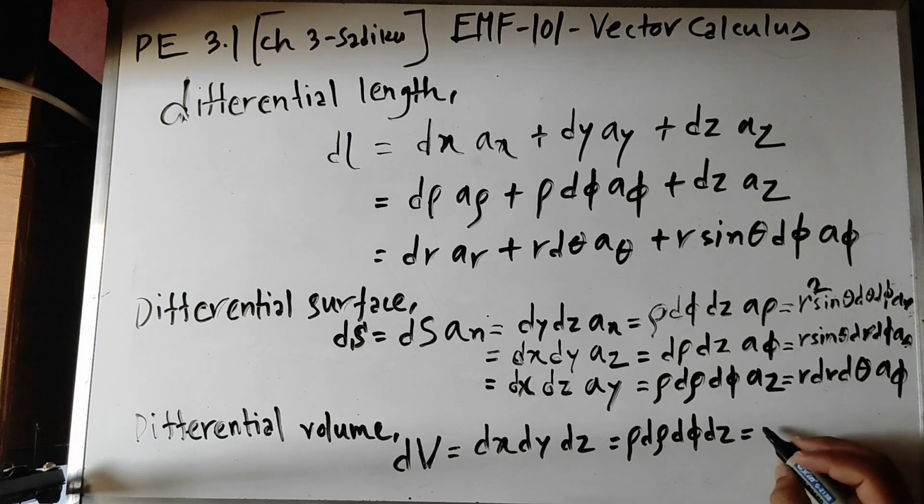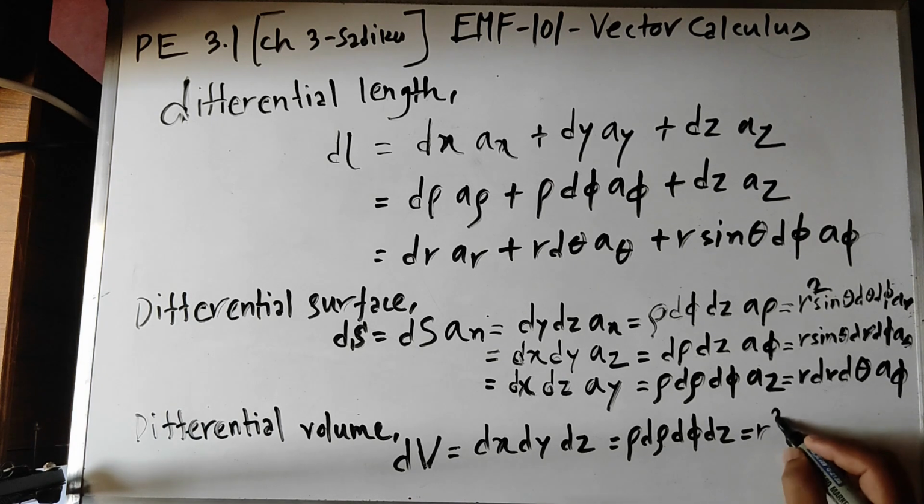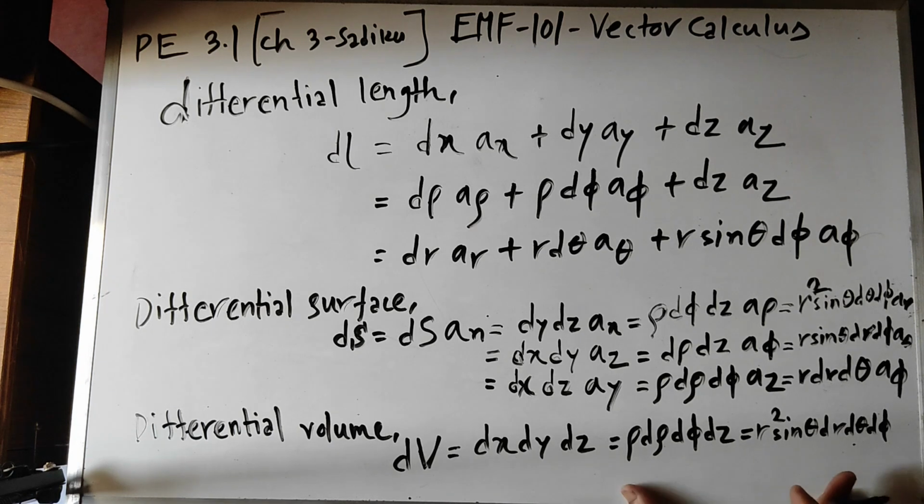And in spherical coordinates the volume is r squared sine theta dr d theta d phi. These are the representations of differential volume in their corresponding coordinate systems.